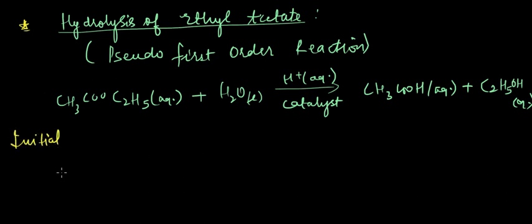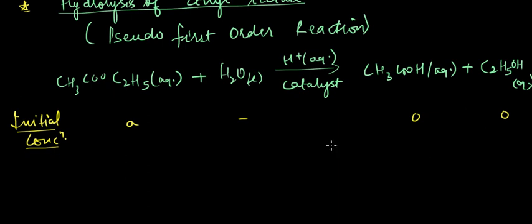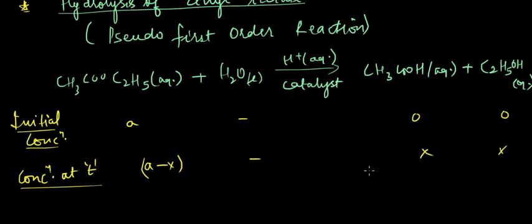Let's say we have initial concentration of CH3COOC2H5 as A, H2O is not present, and these two products are also not present. Concentration at time t would be A minus X, this is not present, X and X here.